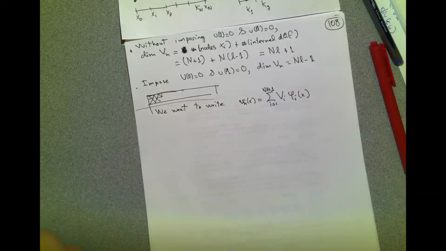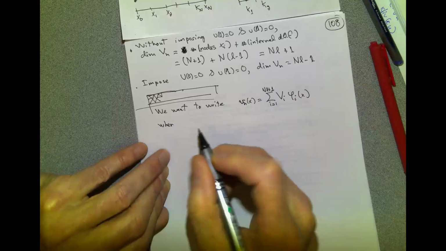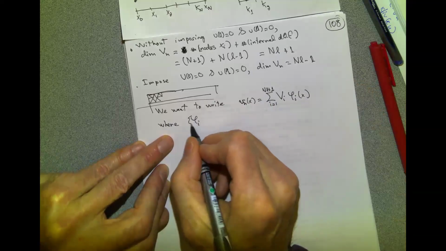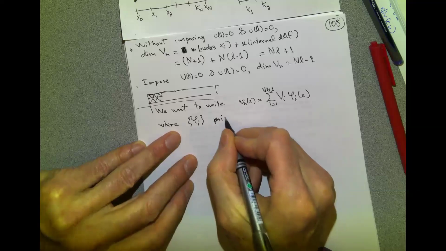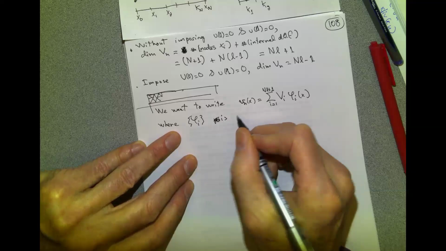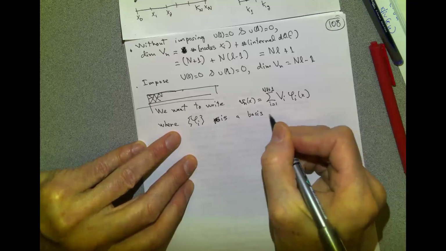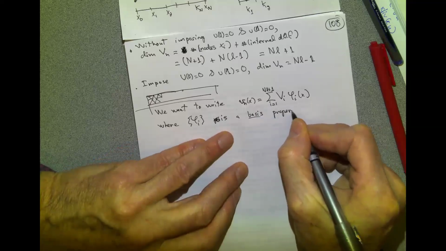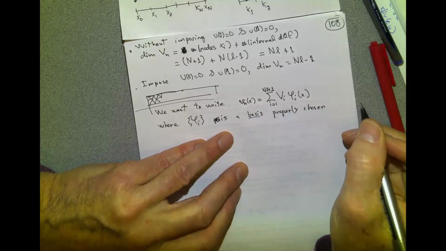Depending on whether I'm doing Dirichlet or Neumann boundary condition, where phi i is a basis, properly chosen. So we call them basis functions, properly chosen. And properly chosen, I want my matrix to be as sparse as possible.